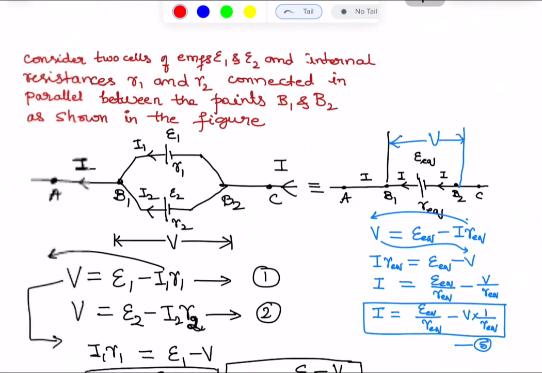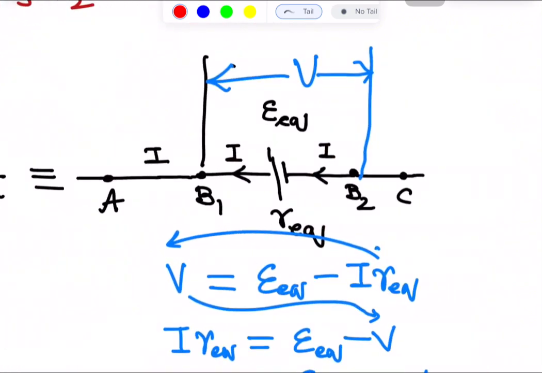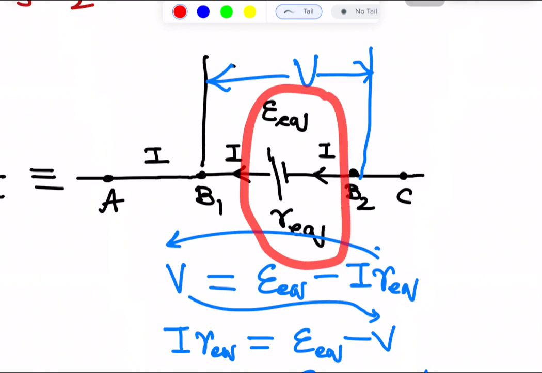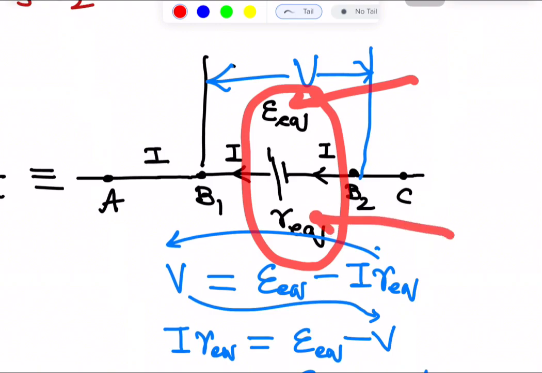Let us replace the two cells between the points A and C with a single cell, such that it sends the same current I in the external circuit. Let the single cell's EMF be E equivalent and its internal resistance be R equivalent. We have to derive the expressions for E equivalent and R equivalent.